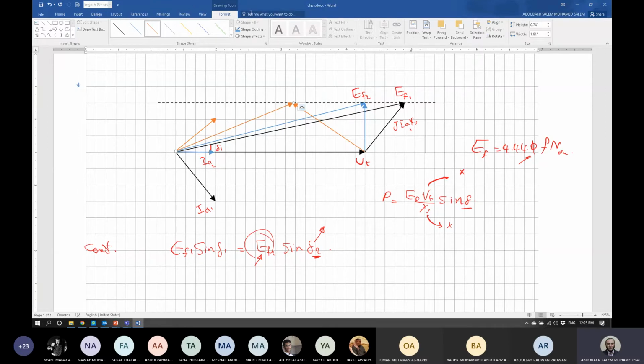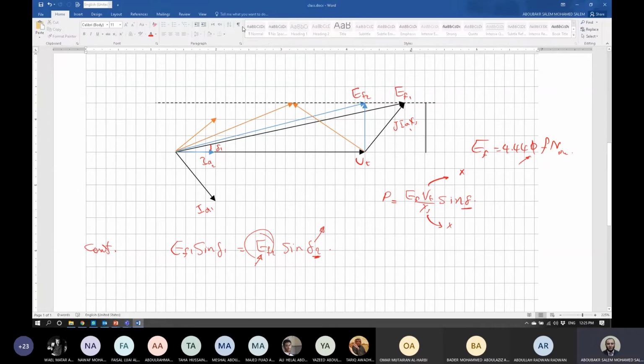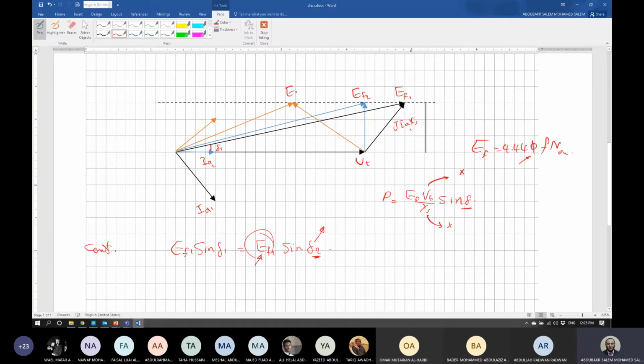So for now, we can say that this is EF3, and the angle from here to here is the value of delta 3. So by the same way يا شباب, EF3 sine delta 3 will be the same vertical line. So here power is constant as well.